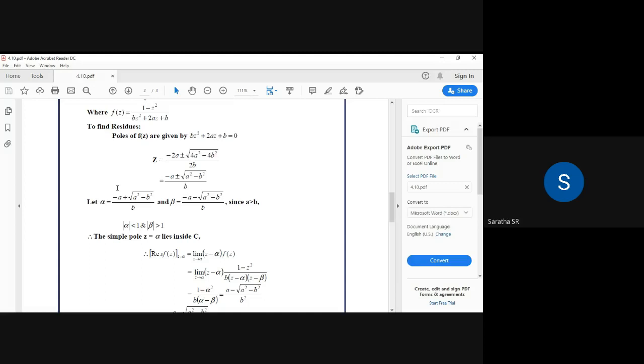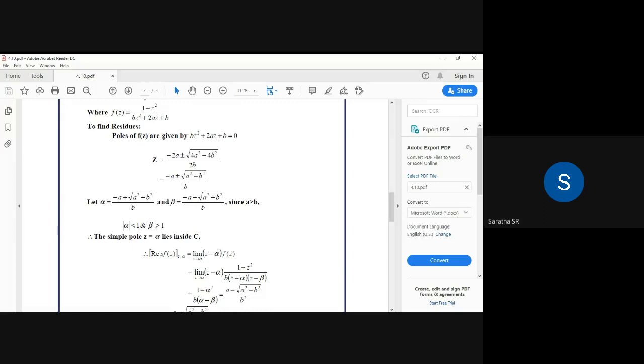For proving this, I take a value as 5 and b value as 3. Now replace in alpha: minus 5 plus root of 5 square, which is 25, minus 3 square, which is 9.